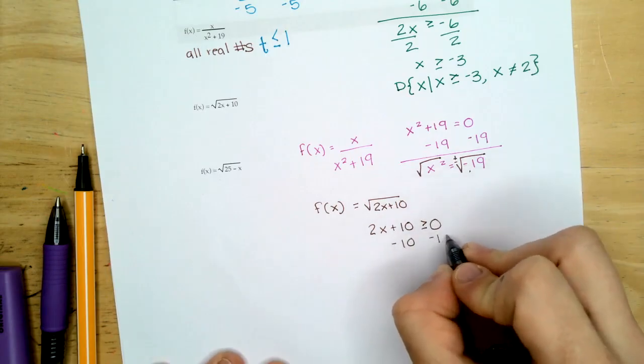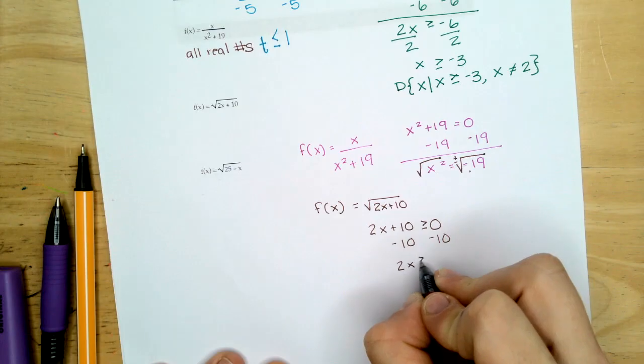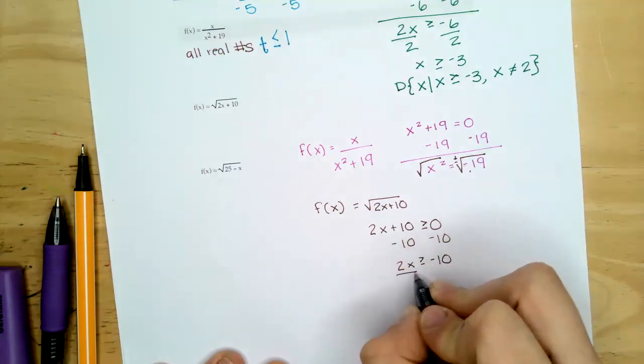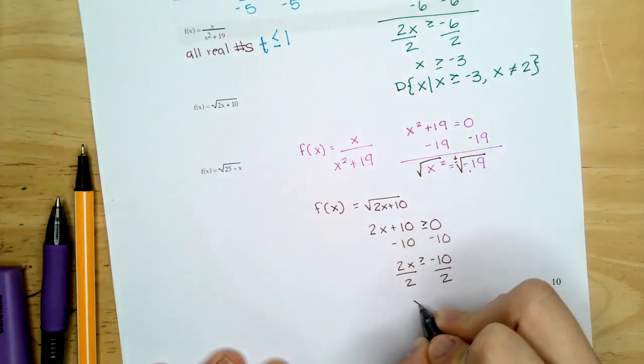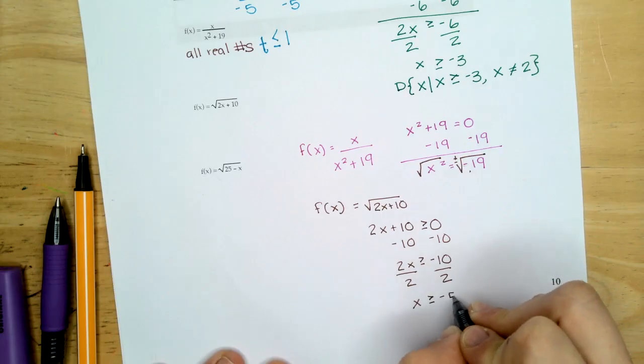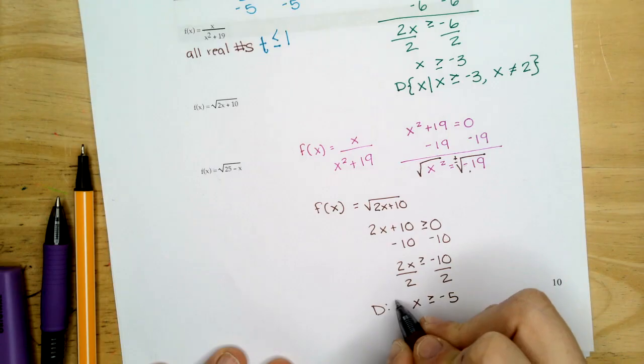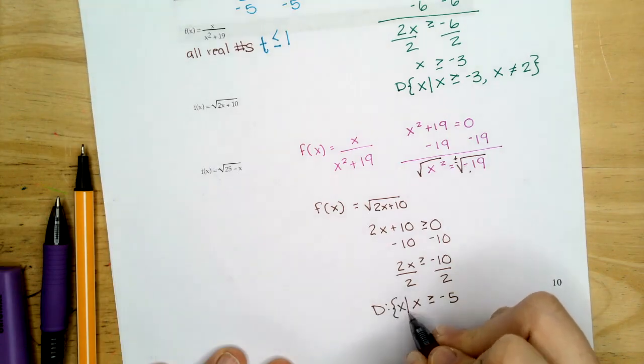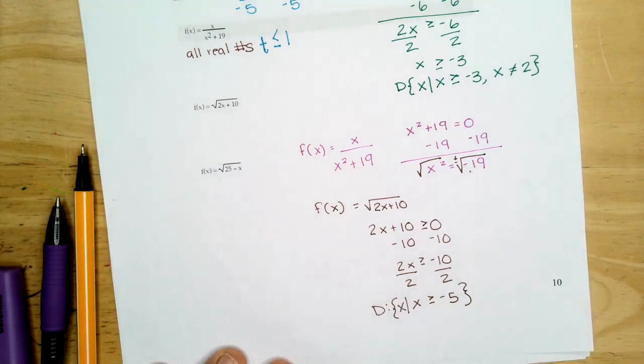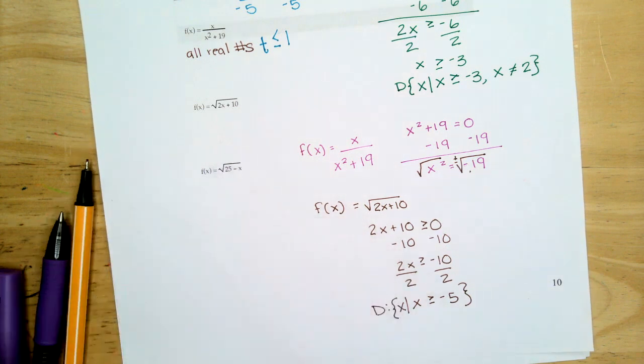Subtract 10. 2x is greater than or equal to negative 10. Divide by 2. Divide by 2. X is greater than or equal to negative 5. So my domain, x such that x is greater than or equal to negative 5, sorry.